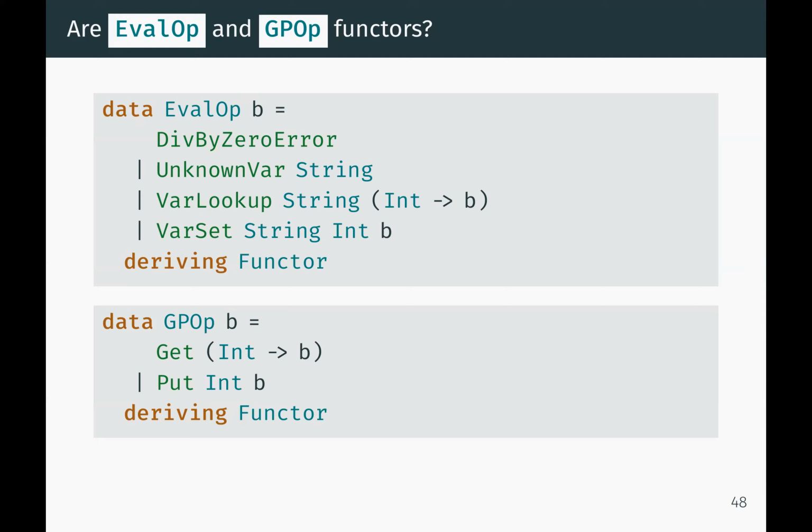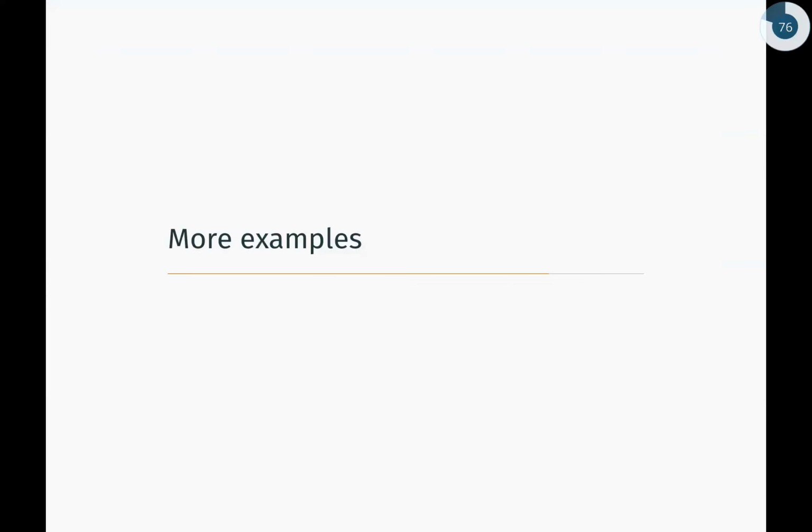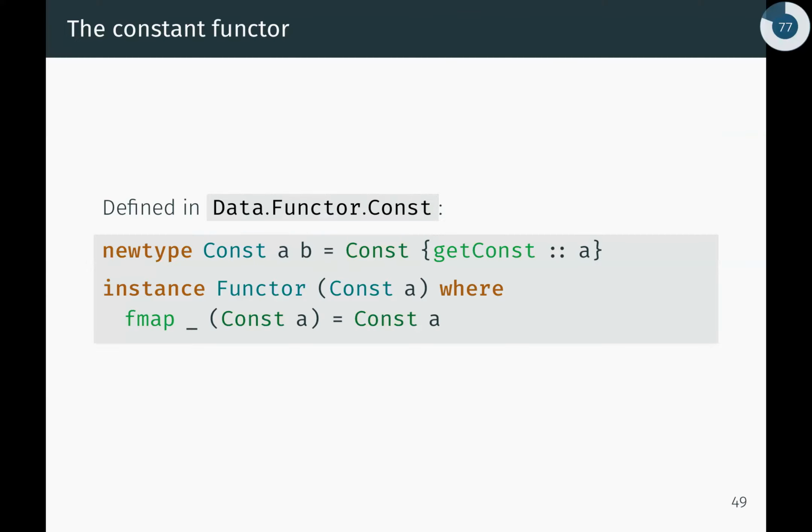One way to try to get a feeling for free monads is to ask what it does for certain well-known functors. For example, the Const functor. Remember, Const A B basically holds a value of type A, and the B is completely arbitrary.